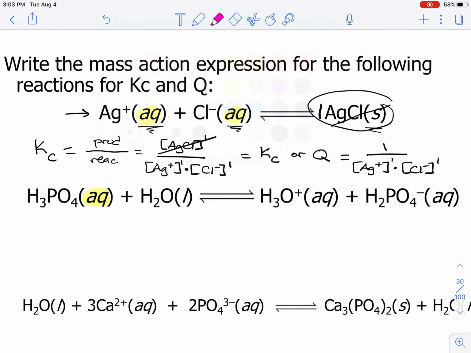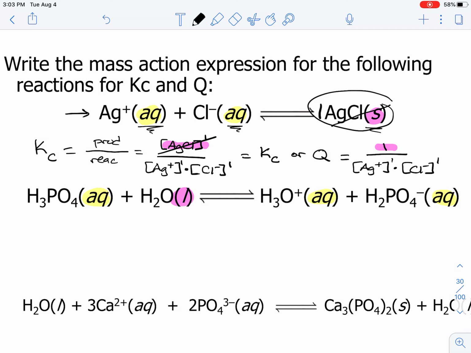Maybe I'll highlight that in a different color. And we have H3O plus, it's aqueous, so I'll highlight that in yellow. And H2PO4 with a negative charge, I'm going to highlight that in yellow because that's aqueous.